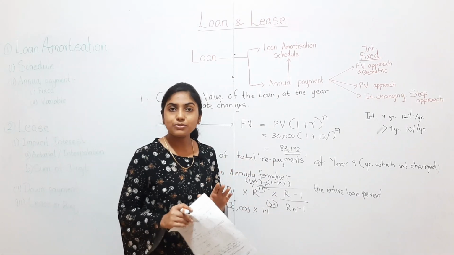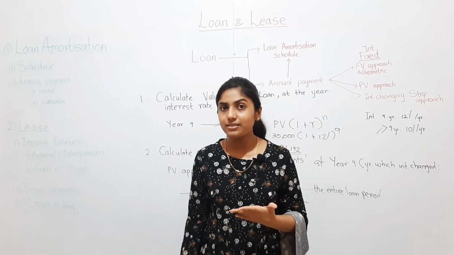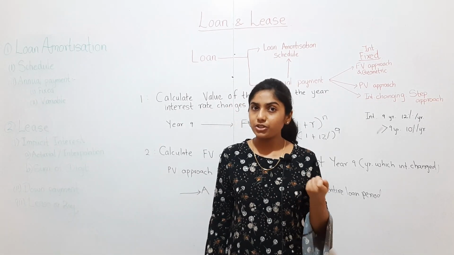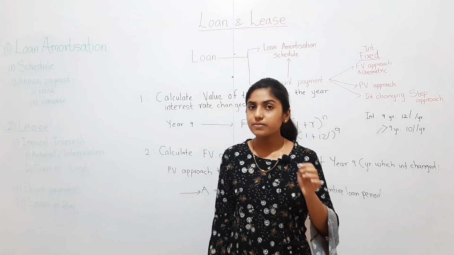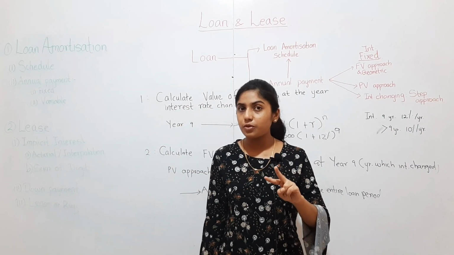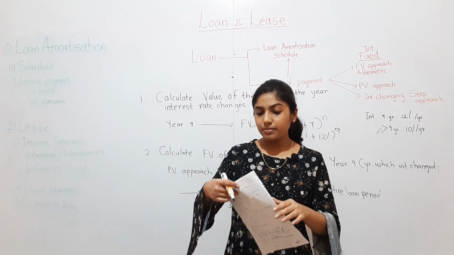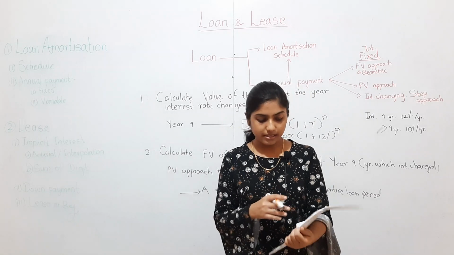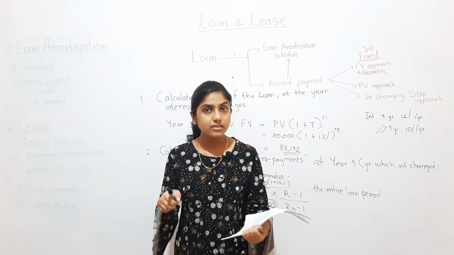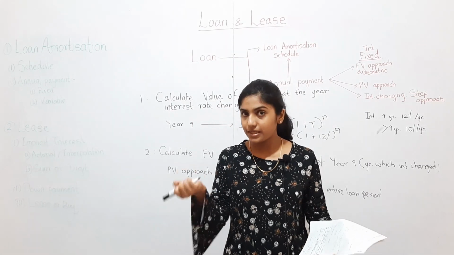So what formula should we use to calculate the future value of annuities? It's the geometric expression formula. And there are two types in that, the arrears formula and the advance formula. Here they say the repayment is assumed to be in arrears. Arrears means at the end of each repayment period.